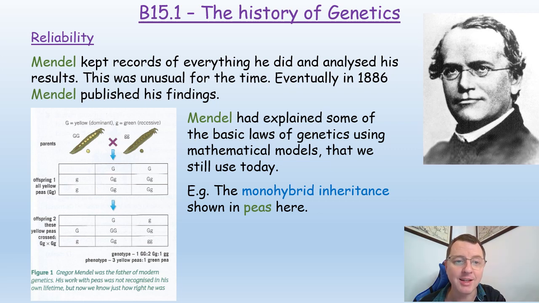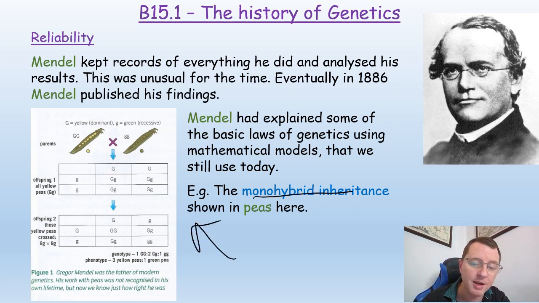Eventually, in 1886, Mendel published his findings. Mendel had explained some of the basic laws of genetics using mathematical models that we still use today. And the monohybrid inheritance in peas shown here is exactly the kind of thing that you need to be able to understand and explain for your GCSE course.